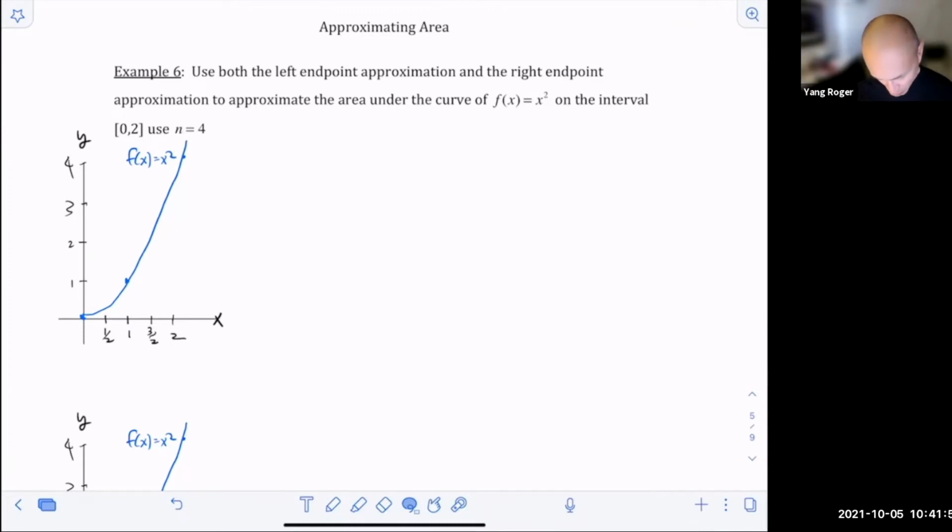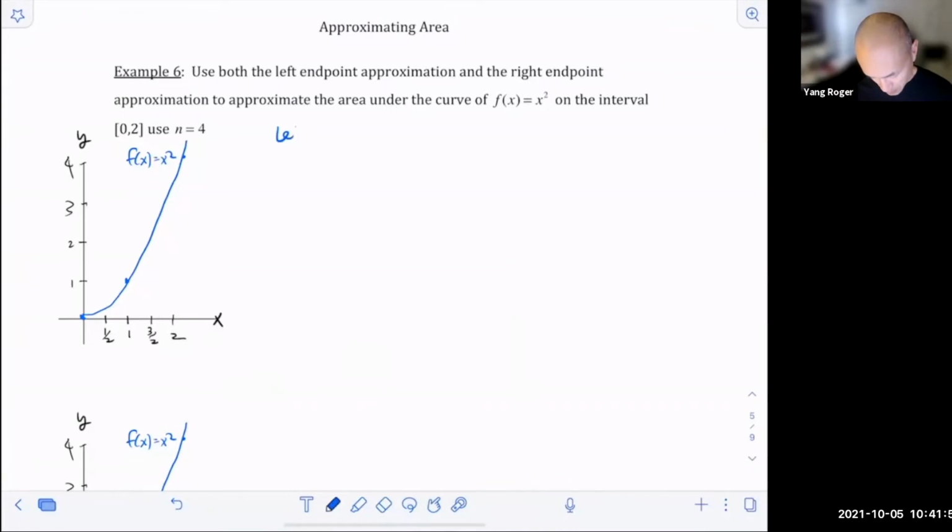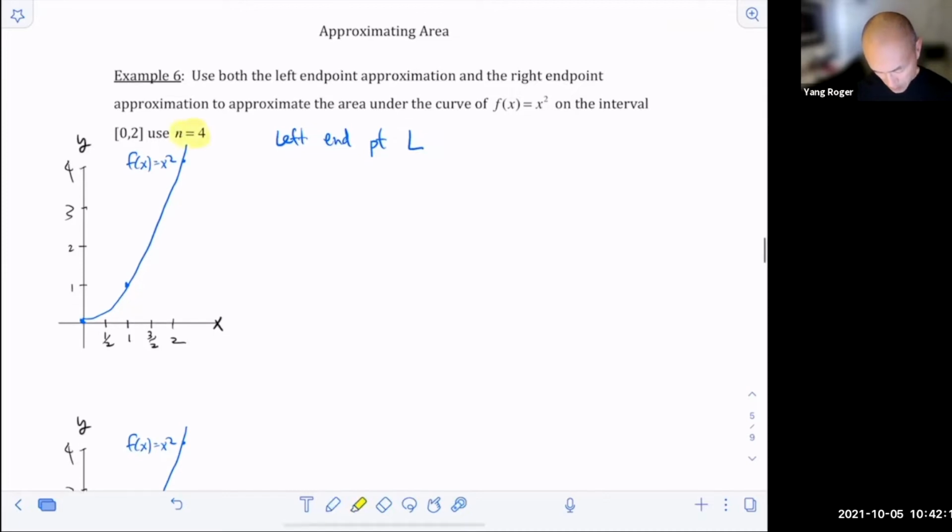So let's do left endpoint first. If we're doing left endpoint, the thing that we're trying to calculate is going to be L something. And then they tell me that N is equal to 4. So we're really going to calculate L4.